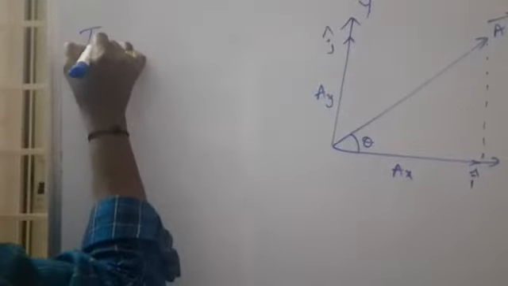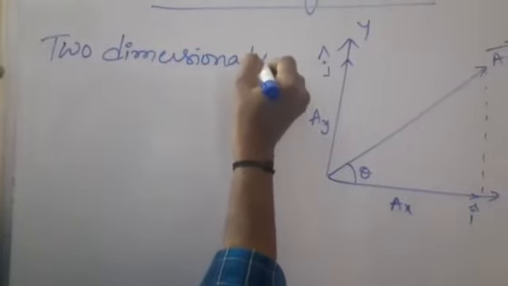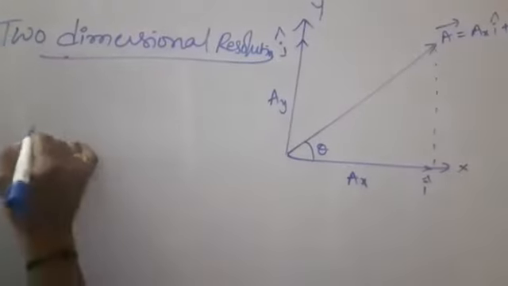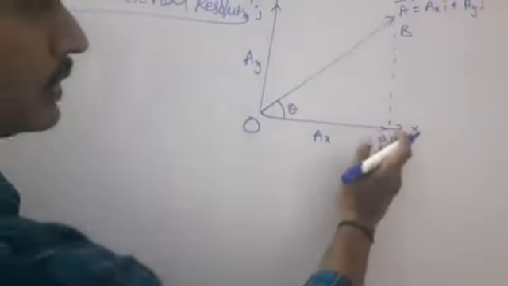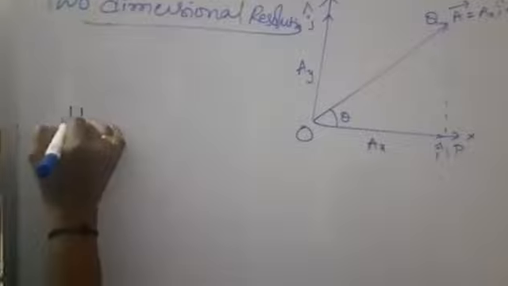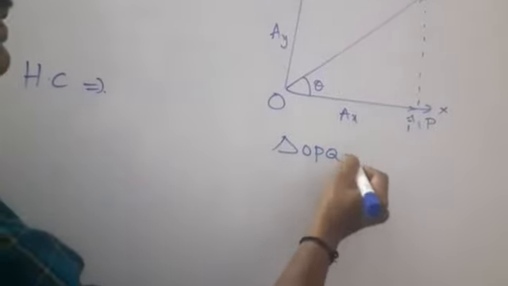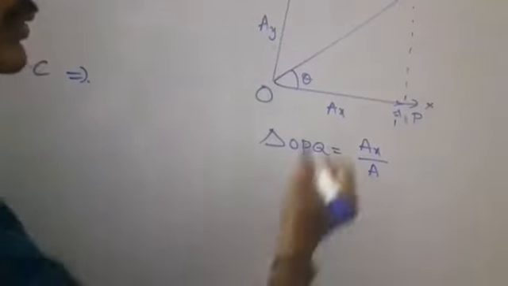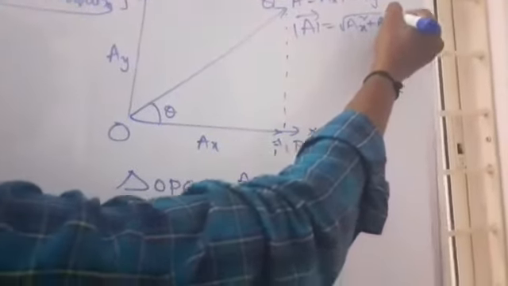So two-dimensional resolution. Okay, so here the horizontal component is, from this triangle OPQ, equal to the adjacent side divided by the hypotenuse. The modulus of A is equal to the square root of Ax square plus Ay square.